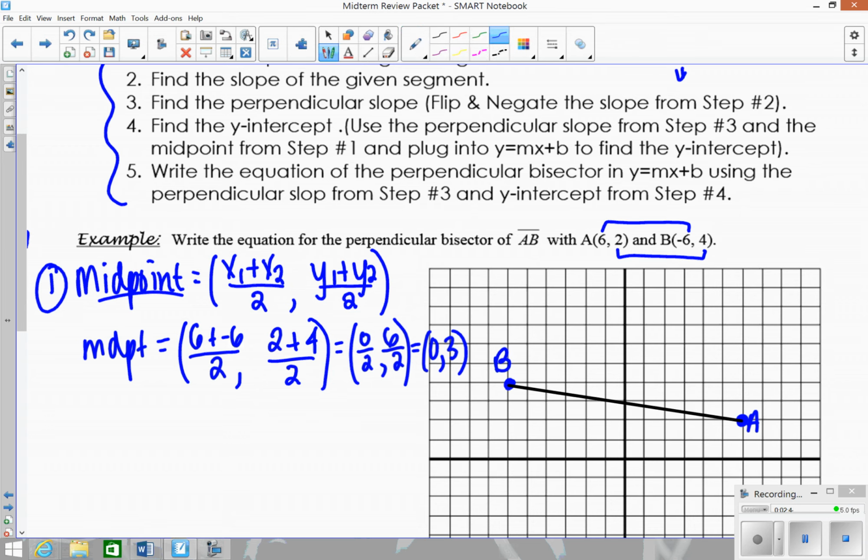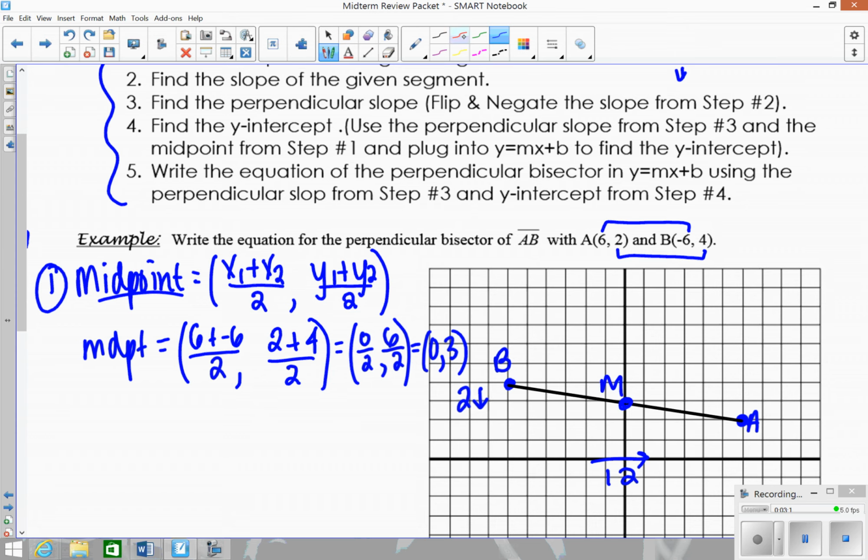The easiest way to find the midpoint on a graph is to count the distance. I had to go down 2 and then over 1, 2, 3, 4, 5, 6, 7, 8, 9, 10, 11, 12. So I'm going to do half of those to get the point in the middle: down 1, over 6. 1, 2, 3, 4, 5, 6. I'm going to label that M for the midpoint.